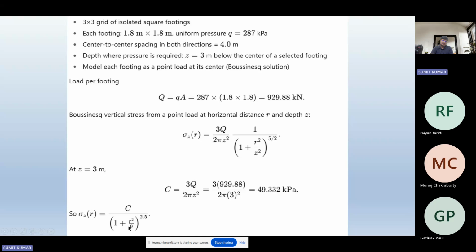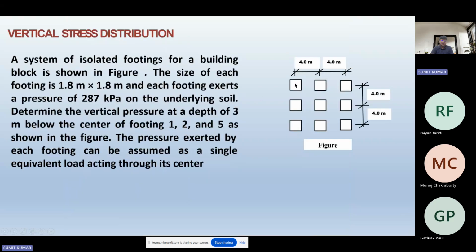Z is only 3 only, but r gets varied for different footings. For this, r value is going to be 4 root 2 for all the corner ones, but for this r value is going to be 4. For this also it is 4, for this also it is 4.